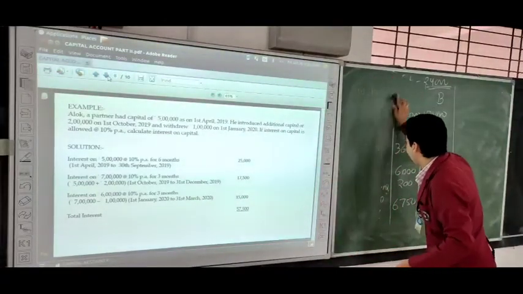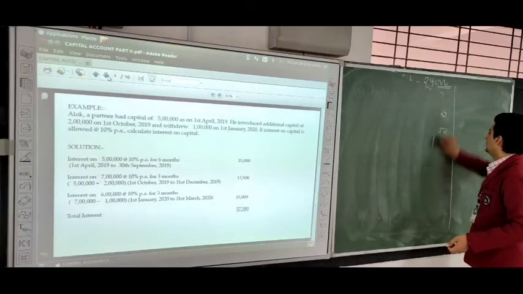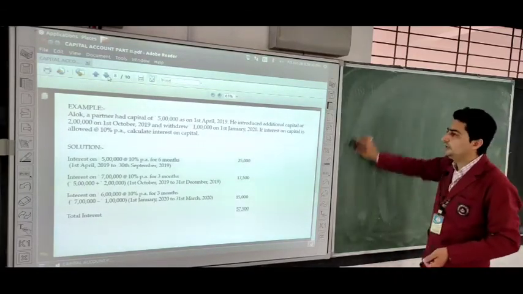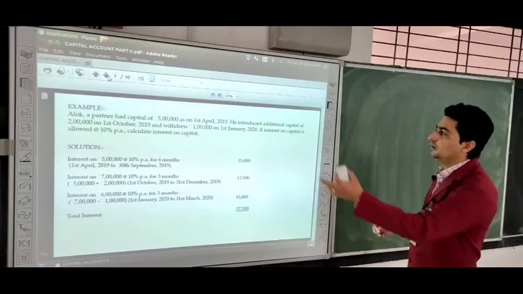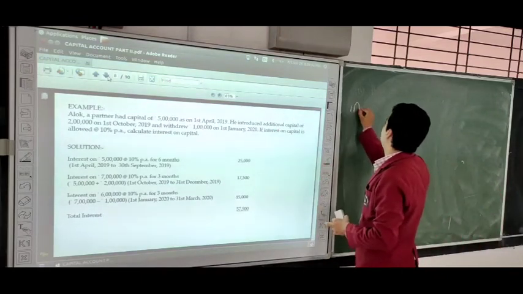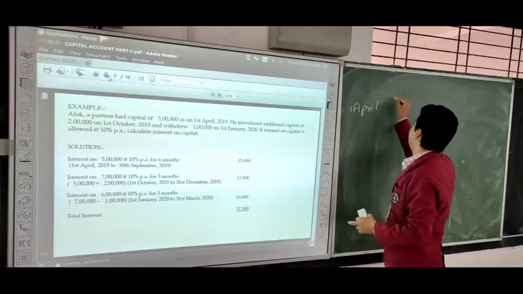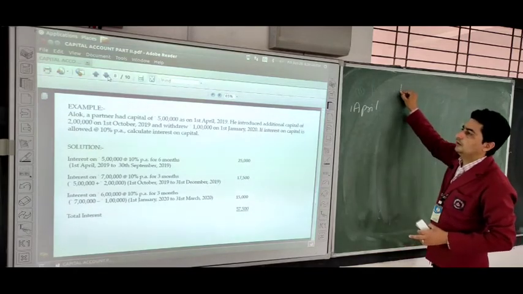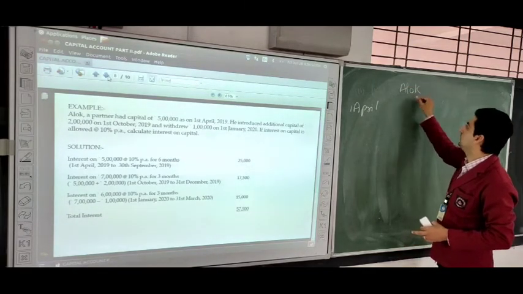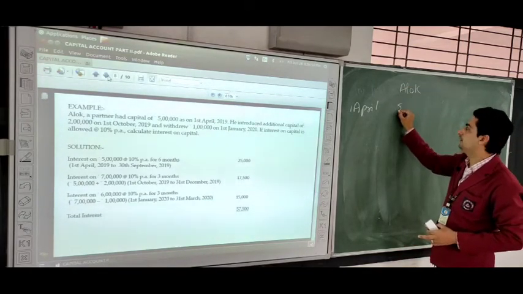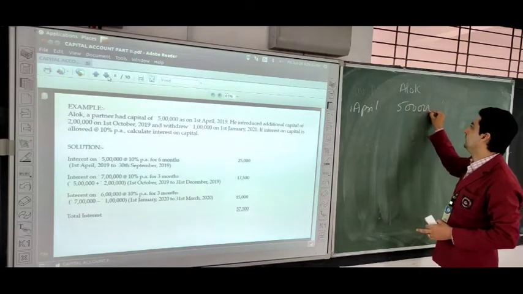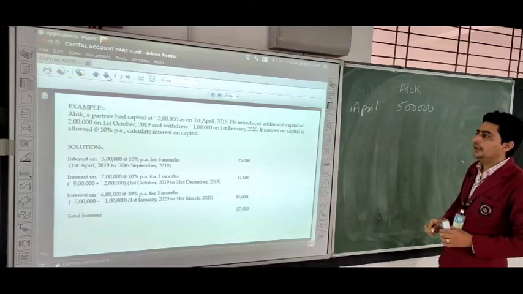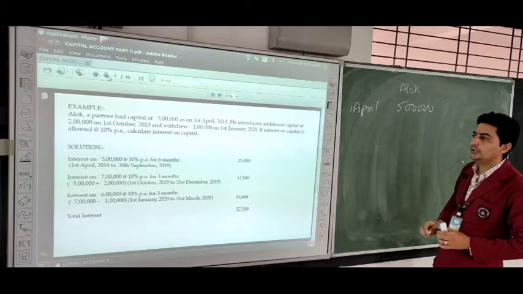Now first of all we will write here what was the capital on which date. If you can see, on 1st April Alok is having capital of 5 lakh rupees. And he introduced additional capital of 2 lakh on 1st October.